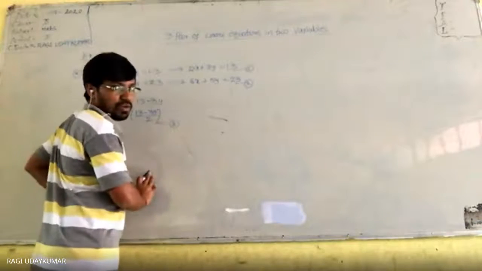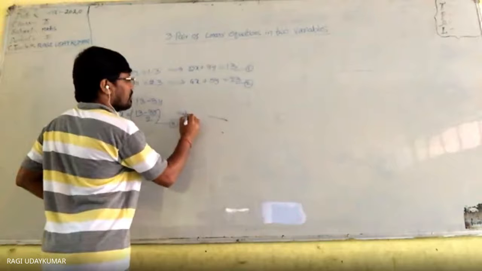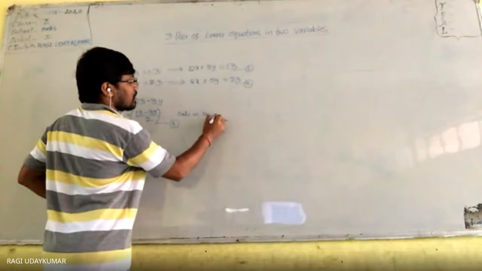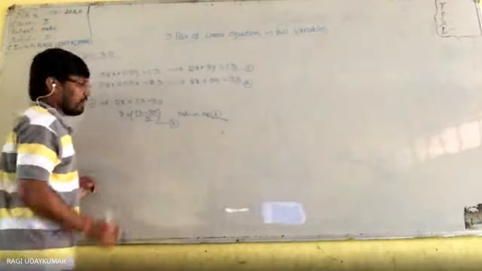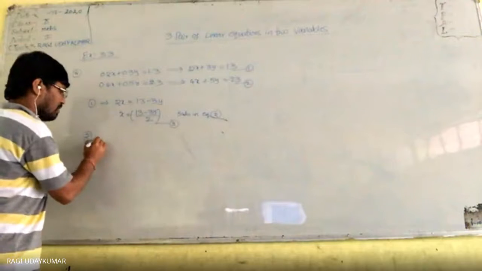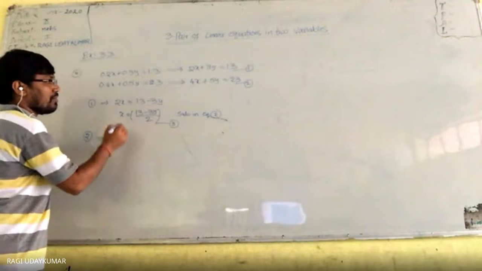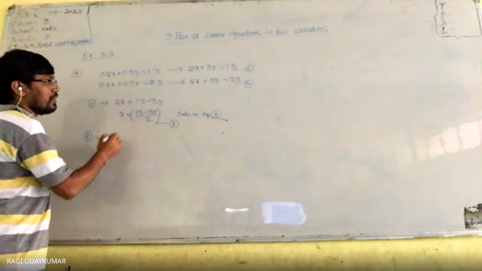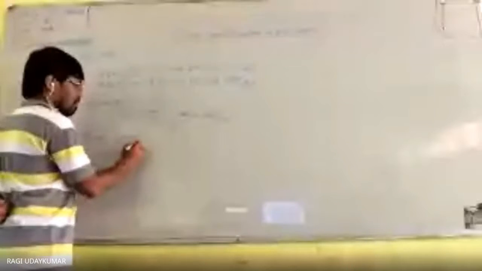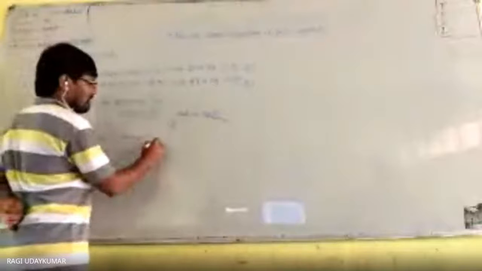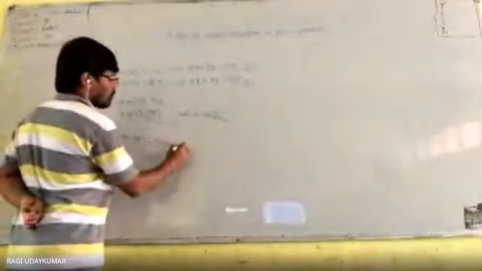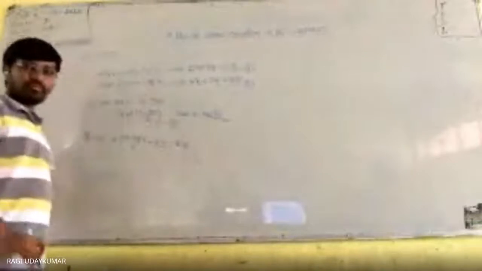Take this as the third equation. Substitute in equation number 2. Now the second equation will be transformed. Write x here: (13 minus 3y) by 2 plus 5y is equal to 23.